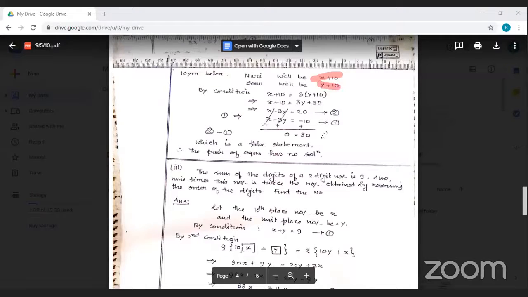Now the condition is X plus 10 is equal to, not 3, it is 2. I have done a mistake here. Twice the age of Sonu. This is wrong. 2Y plus 20 should come.